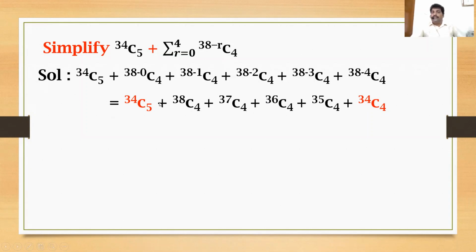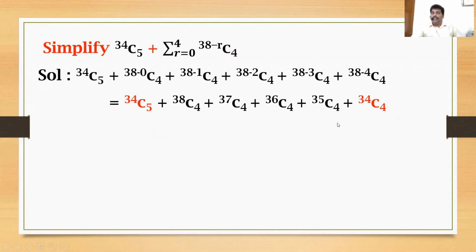Now you observe: 34C5 + 38C4 + 37C4 + 36C4 + 35C4 + 34C4. Here the n value is the same, with r and r − 1. If you observe the first and last terms, 34C5 and 34C4, here the n value 34 is the same, and the r value is 5 and r − 1 value is 4.